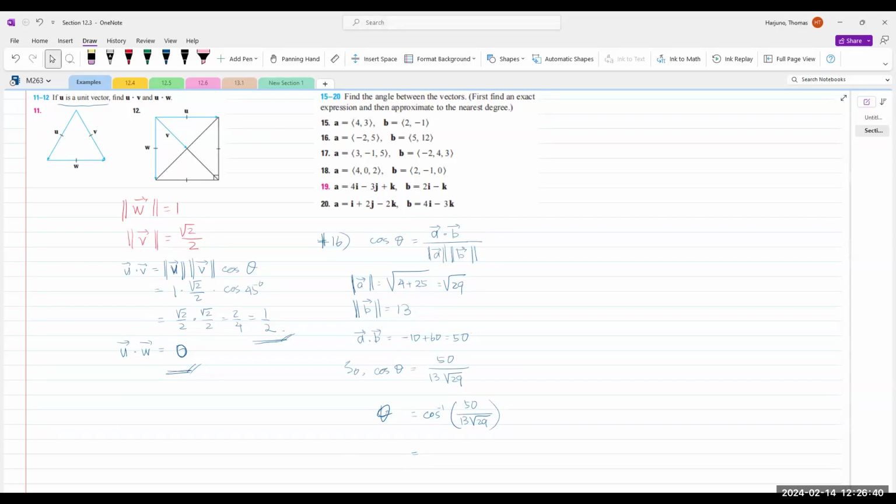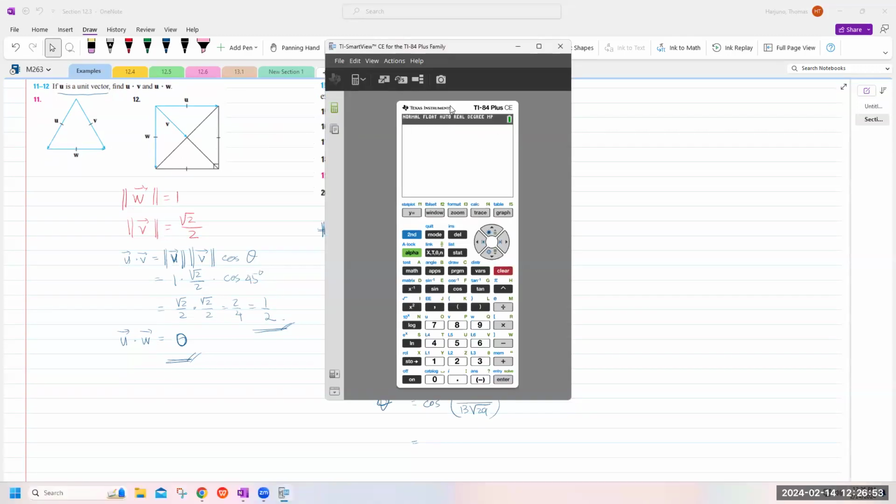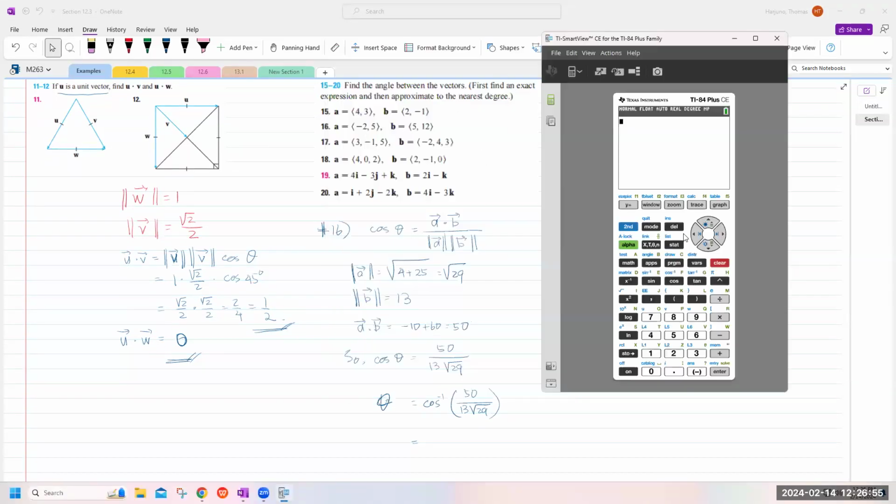So let me use my calculator now. On my calculator, we have cosine inverse of 50 divided by the product of 13 square root of 29.